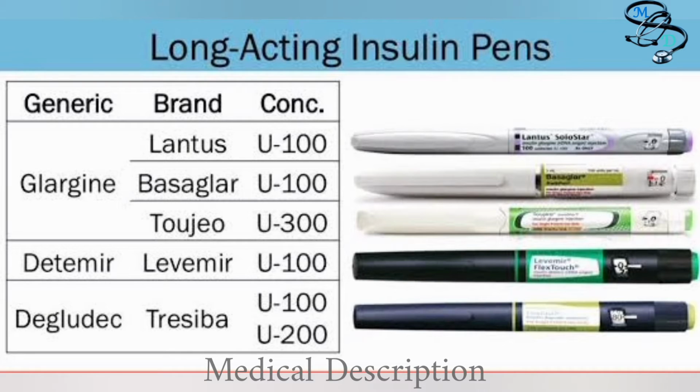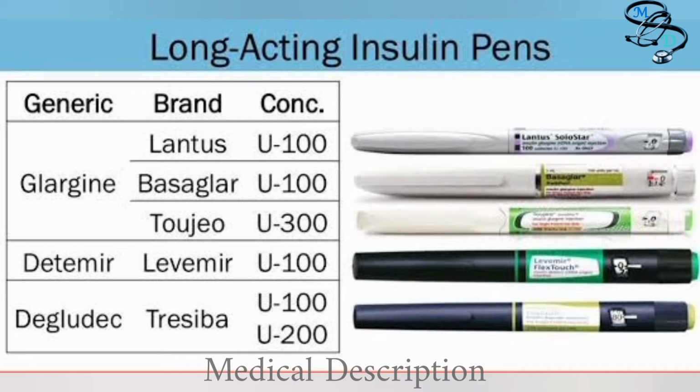Then we will talk about the long-acting insulins. They are absorbed slowly and have a minimal peak effect and a stable plateau effect that lasts most of the day. They are used to control the blood sugar overnight while fasting and between meals.